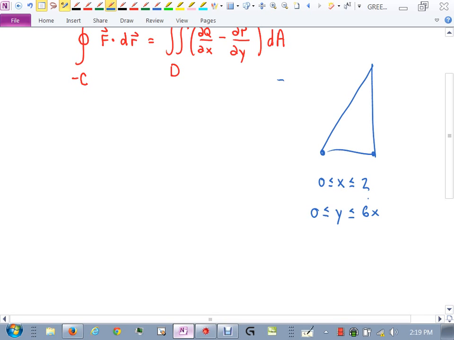Slope of that line, was it? 3x, right? Careful here, right? This is the point 6, 0. I mean, yeah, 2, 6. What the hell? So the slope of this line is 3, not 6, right? Everyone follow that? Type 1 region.